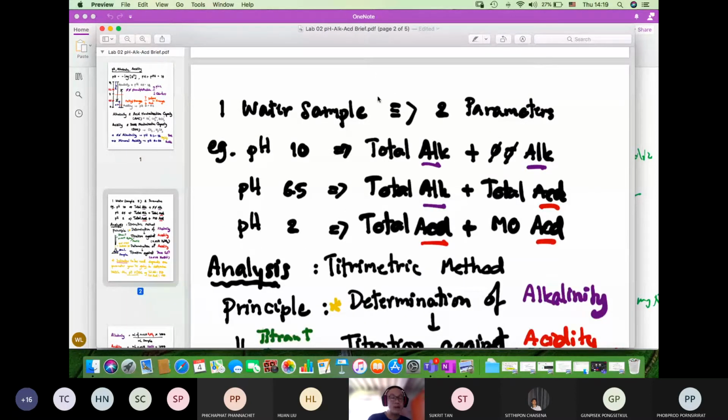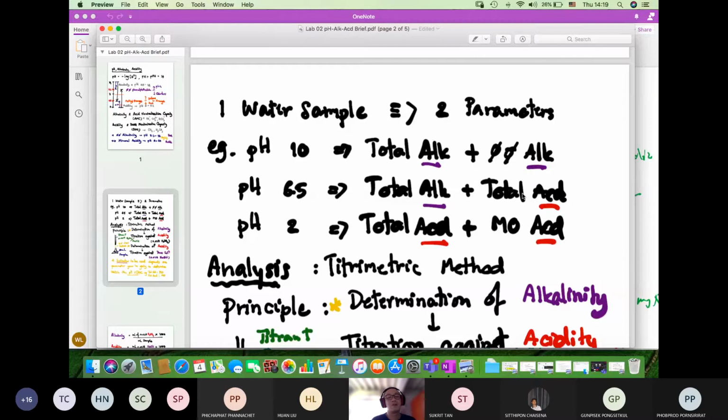In one water sample, you can measure at least two parameters. For example, if the pH is about 10, you can measure total alkalinity and phenolphthalein alkalinity. If the pH is 6.5, near 7, you can measure only total alkalinity and total acidity.